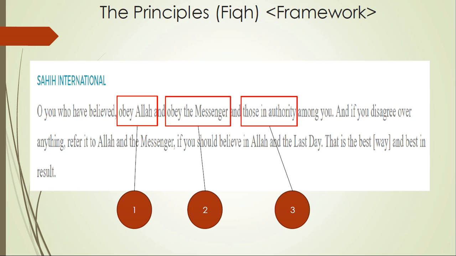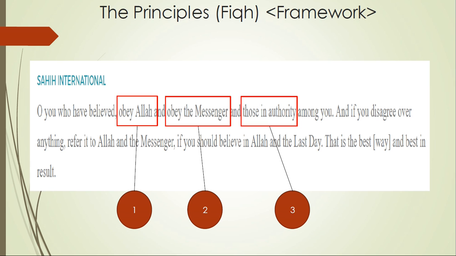But when it comes to certain issues with respect to what Rasulullah has stated, sometimes it is clear, because you're looking at that particular problem. For example, drinking of alcohol, or how to pray, you can go and look at the hadith in order to get some kind of ruling.